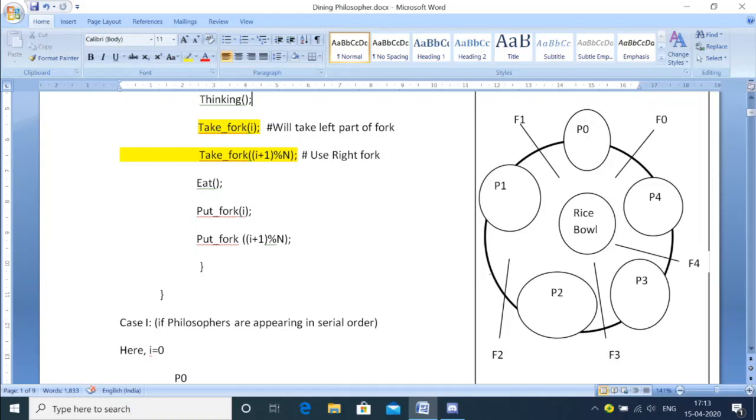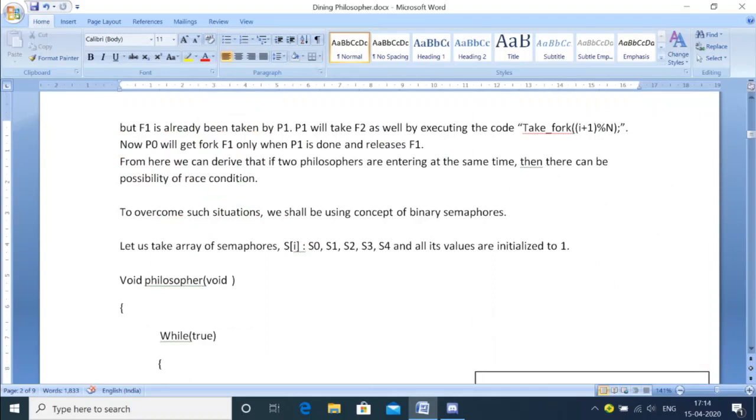Okay, so such kind of issues are basically tackled by semaphores, because we have come across a situation of race condition where one philosopher is waiting for a fork that has been taken by another philosopher. That fork is available to some other philosopher.